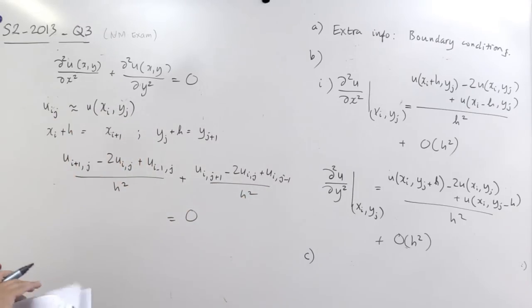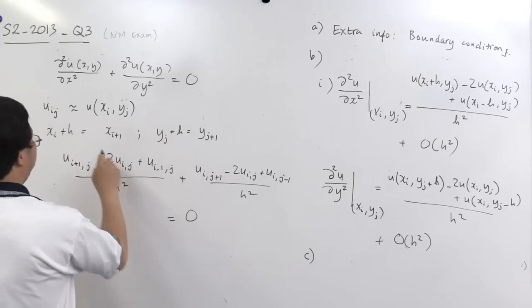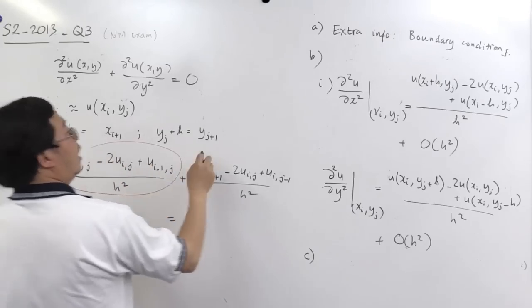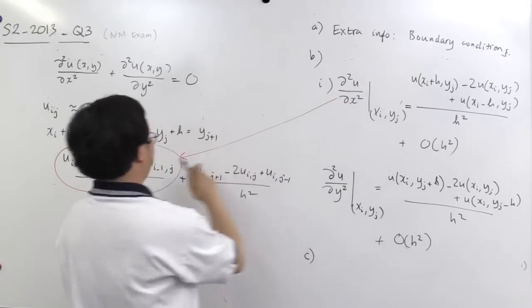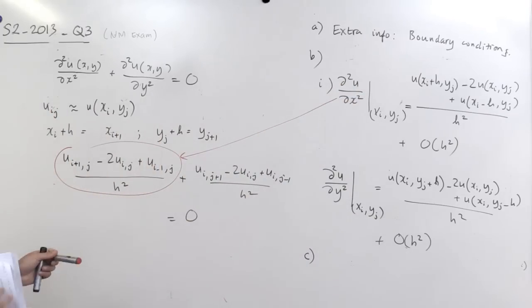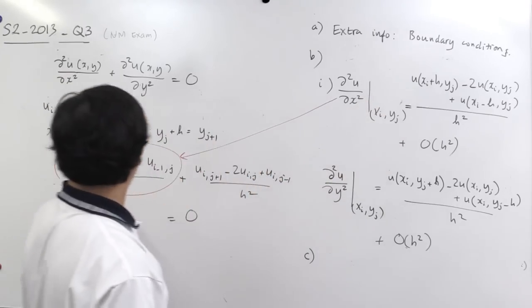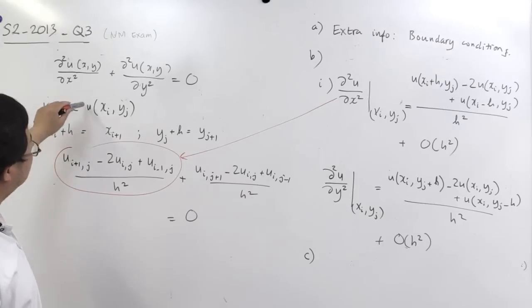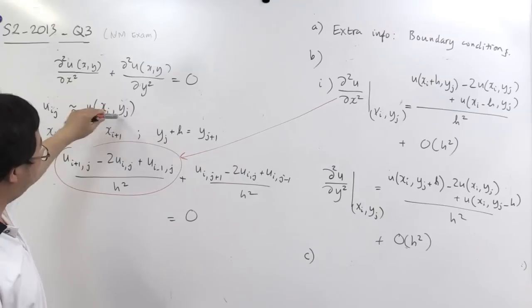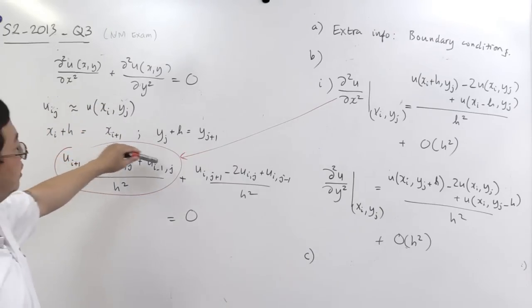Okay, so this term comes from the approximation of the second partial derivative of u with respect to x, and you just replace xi plus h by xi plus 1, and you replace u at xi plus 1, yj by approximate ui plus 1 j, and you get this one.